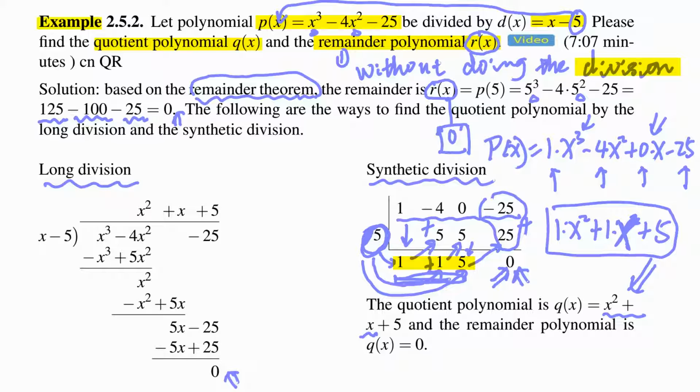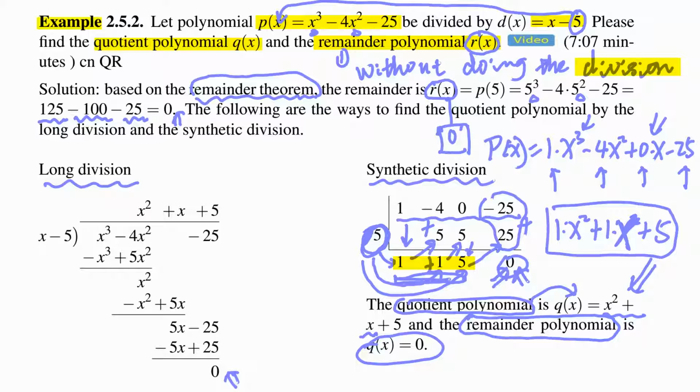And plus 5, that will be the quotient polynomial. The remainder polynomial is 0 already. We found it from here.